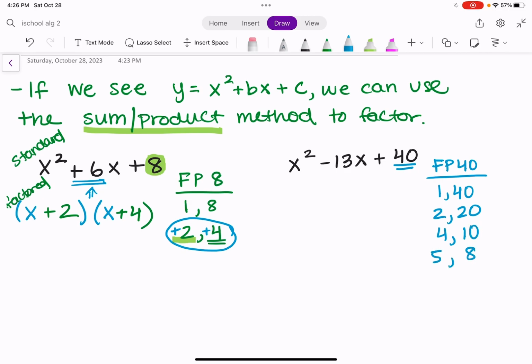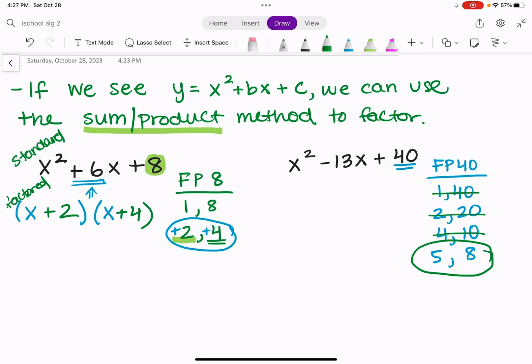And so again, you want to ask yourself which of these factor pairs can combine to negative 13, right? 40 and 1, there's no way that can combine to 13 because 40 plus 1 is 41, 40 minus 1 is 39. 20 plus 2 is 22, 20 minus 2 is 18, which is not 13. 10 plus 4 is 14, that's close but not quite. 10 minus 4 is 6, so no. So 5 and 8. 8 plus 5 is actually, yeah, that gives us 13.